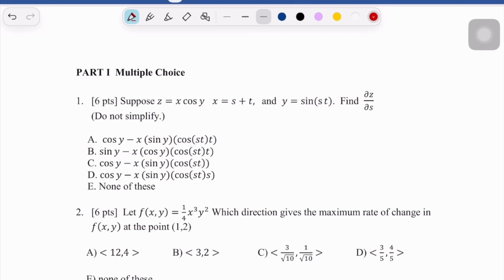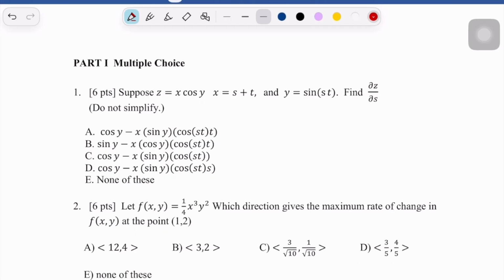For the first problem, we're asked to find the partial derivative of z with respect to s, and we can see that z is a function of x and y. First we find the partial derivative with respect to x, and that's just going to be 1, because the derivative of t with respect to x is 0.